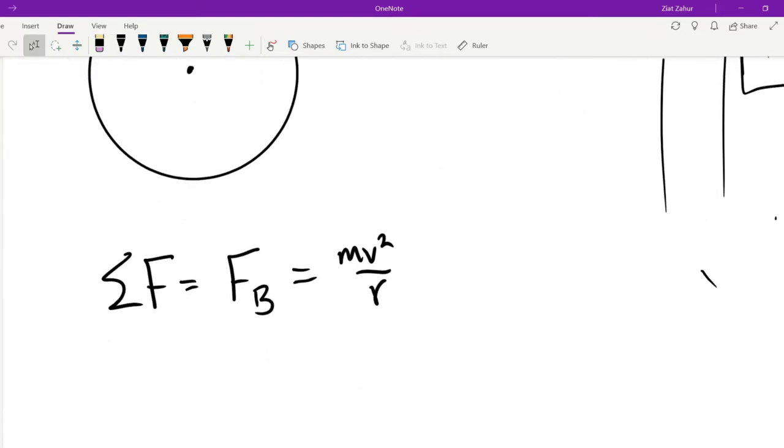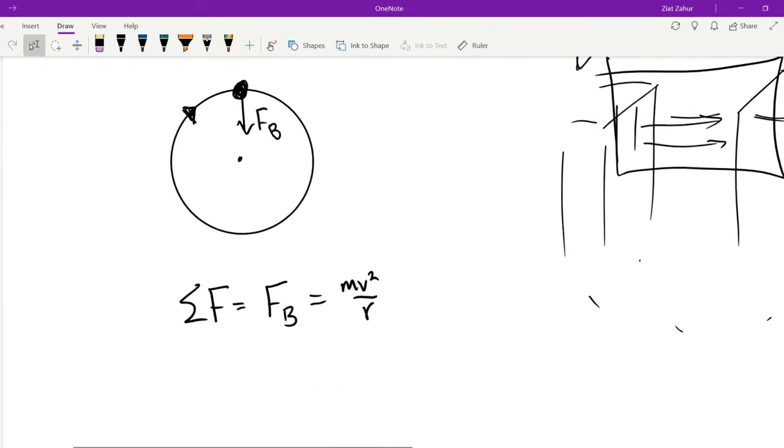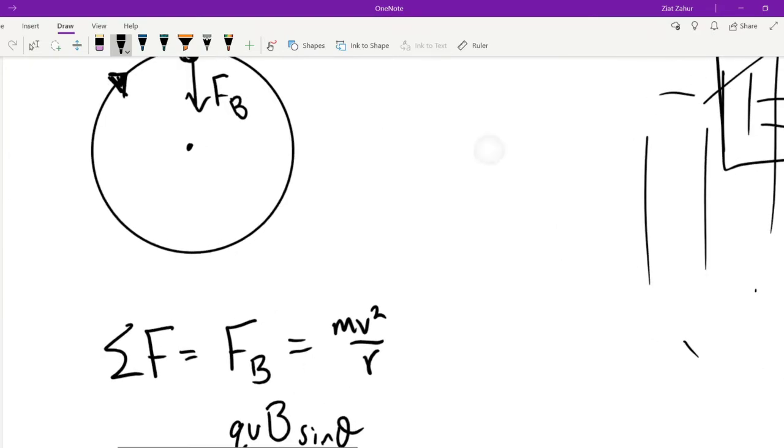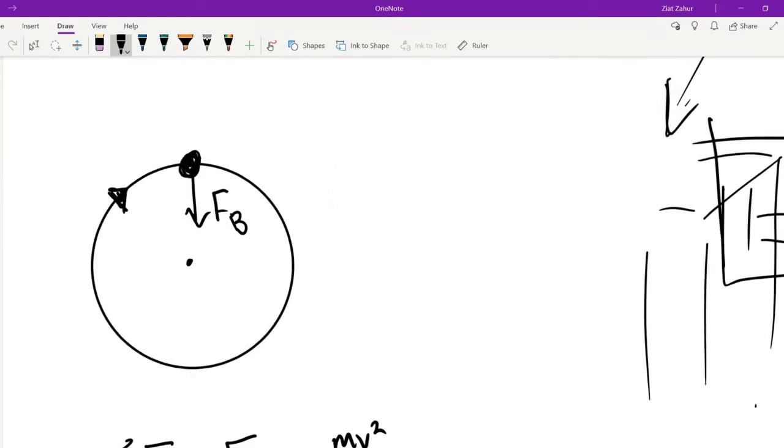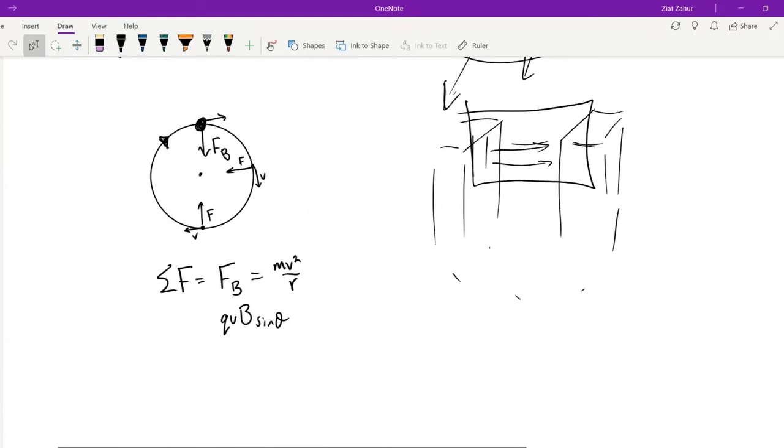All right, so now we replace our force equation with the magnetic force formula that I just gave you. It's qvB sine theta. What is the angle between velocity and force, no matter where you are? It is 90 degrees, and sine of theta would give us just 1.